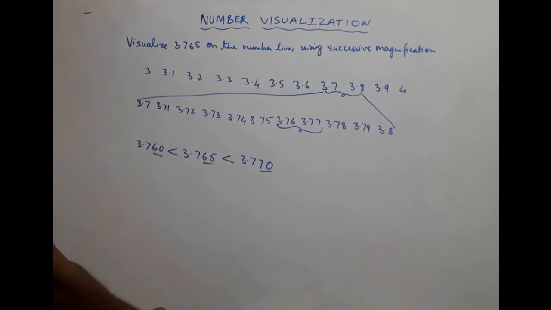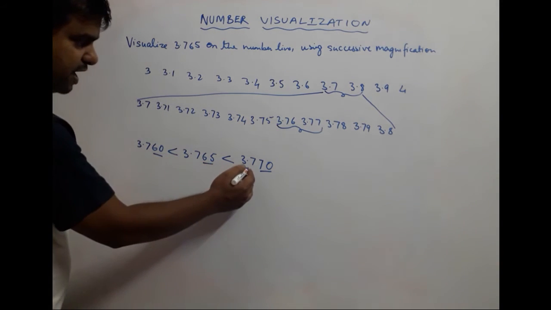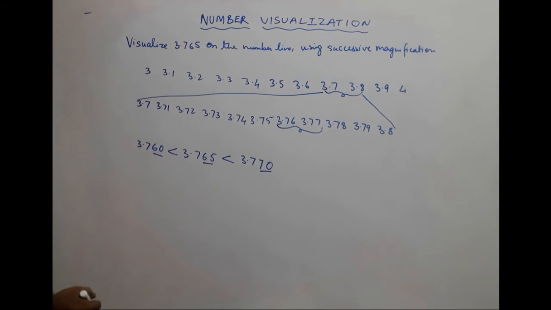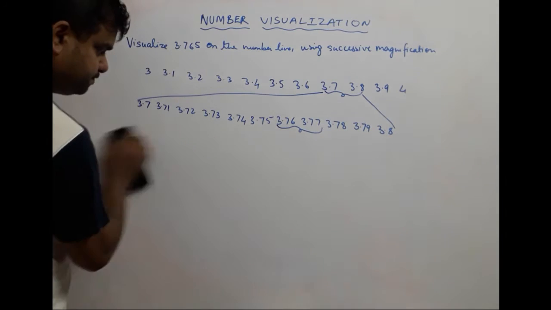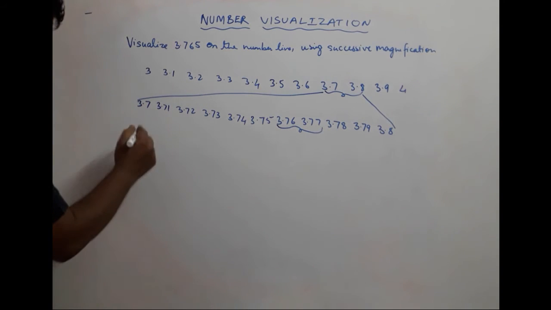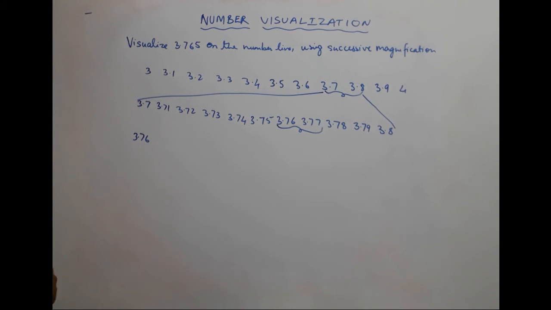Coming back to this problem, 3.76 is less than 3.765, and that is less than 3.770, which means we now need to magnify this section. Let us do that. We'll begin with 3.76 and proceed all the way till 3.77.